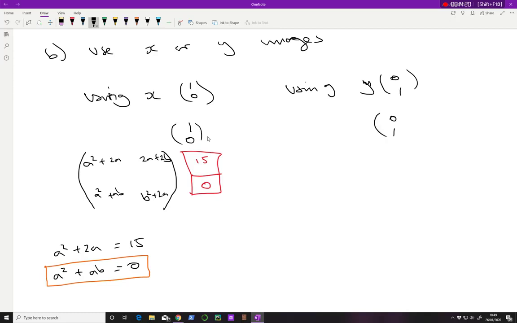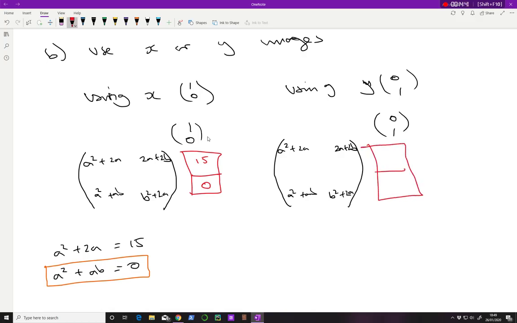So 0, 1 multiplied by my transformation matrix R squared, b squared plus 2a and a squared plus ab, is going to give me a stretch in the y direction of 15.